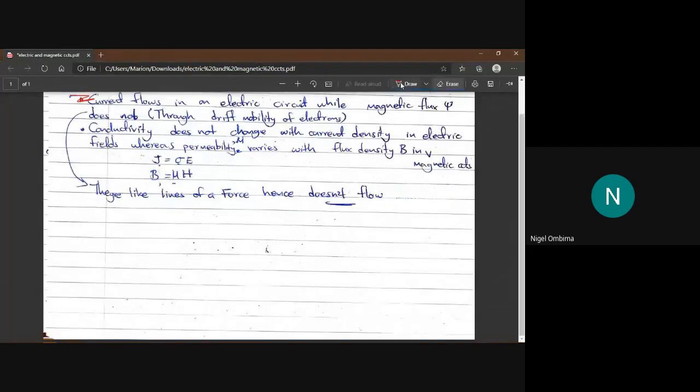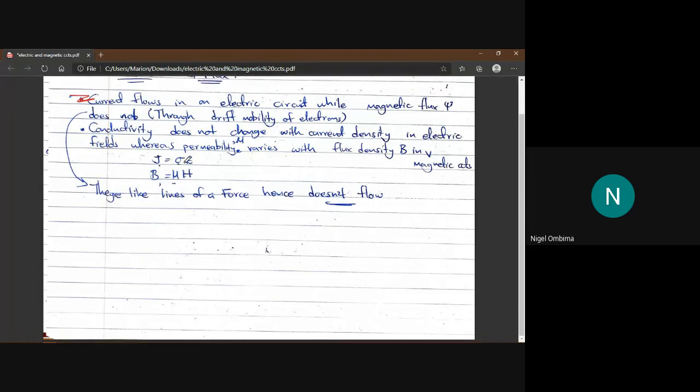The second one was that conductivity does not change with current density in electric fields, whereas permeability mu varies with flux density in magnetic circuits. This is current density, which is just the same as Ohm's law in point form. So the conductivity does not change with current density, and in magnetic circuits, it varies.